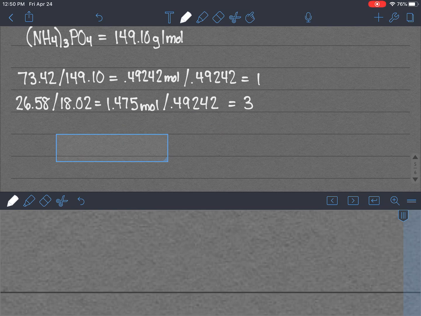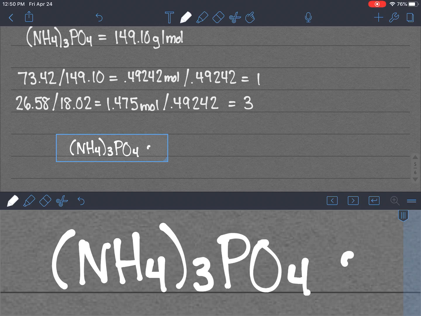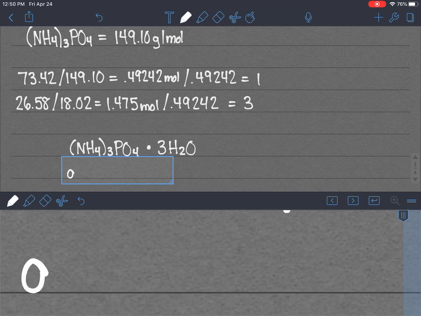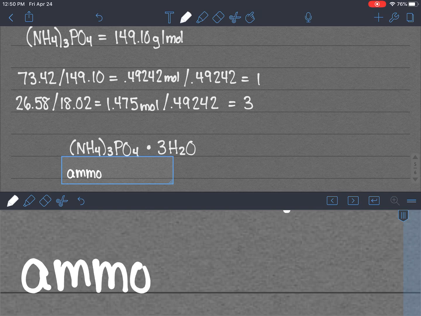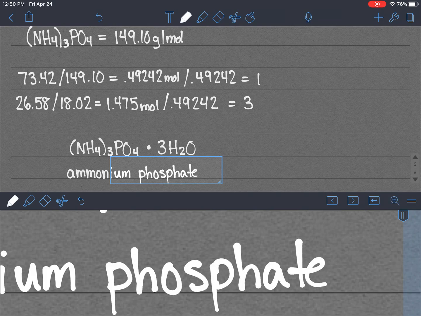And so my empirical formula for this is (NH4)3PO4 with 3 water molecules attached. And then the actual name of that would be ammonium phosphate trihydrate.